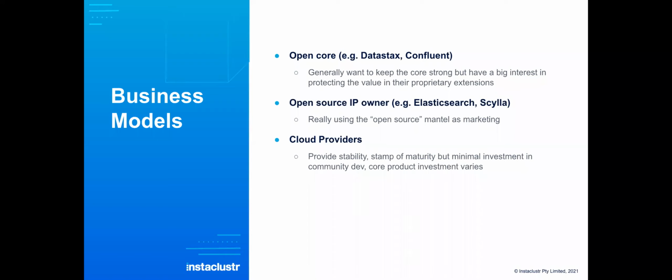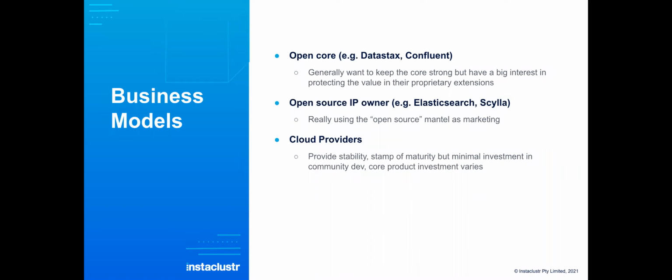What you tend to see, and we've seen this in a few projects now over time, is that although they want to keep their proprietary extensions, the community, if it's a really valuable extension, will want an open source version of that, and it gets harder and harder for them to maintain a proprietary differentiator from what's in the open source version, as people contribute open source versions of the type of functionality that they have in their proprietary extensions. So there can be a bit of a tension there, but they certainly can provide a lot of resourcing. Those two have a lot of VC funding and put a lot of money into the project themselves.